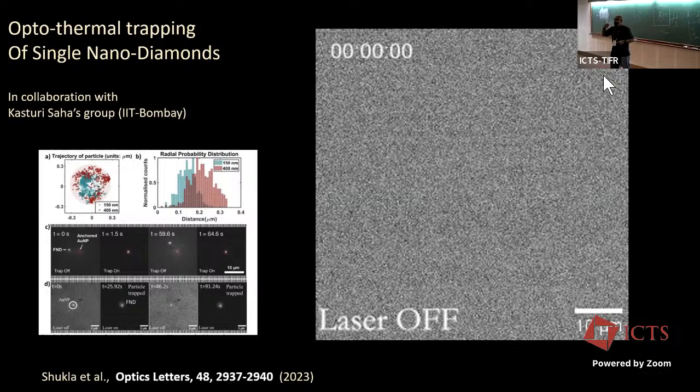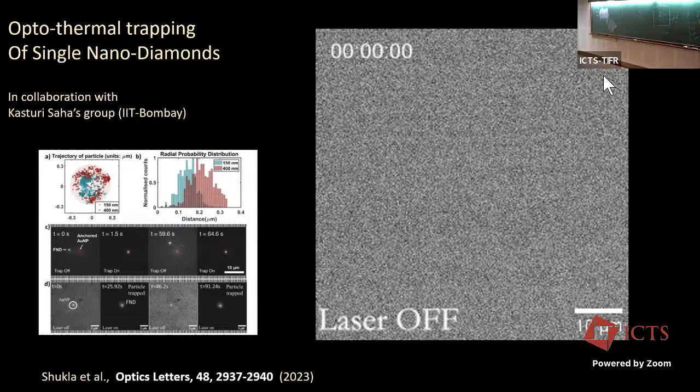They were interested to know whether we could use our methods to trap such nanodiamonds, because these nanodiamonds are extremely sensitive to probe localized magnetic fields, including within a cellular environment, which means that you would be able to utilize this as a probe to bring it to a region of interest within, let's say, a particular environment, measure magnetic field, temperatures, etc. And then you can play around and do a lot of things.